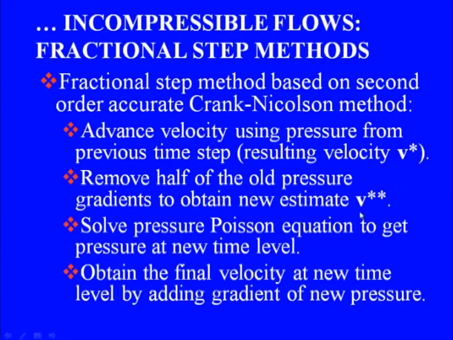Take divergence of this, use it as a source term in the pressure Poisson equation, and solve it to get the pressure at the new time level. Then to obtain the final velocity at the new time level, we have to add the gradient of new pressure into V star star, and that completes our solution process at the given time step.